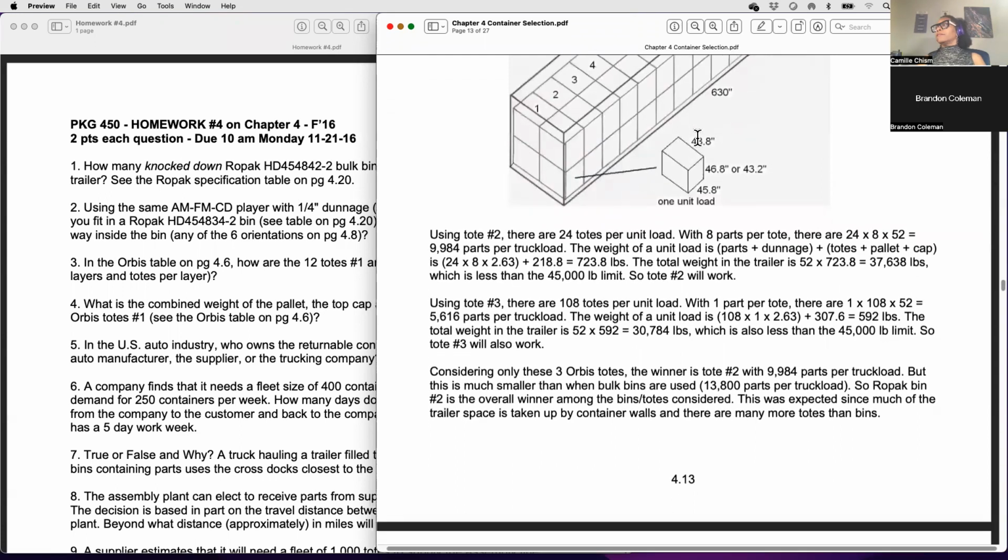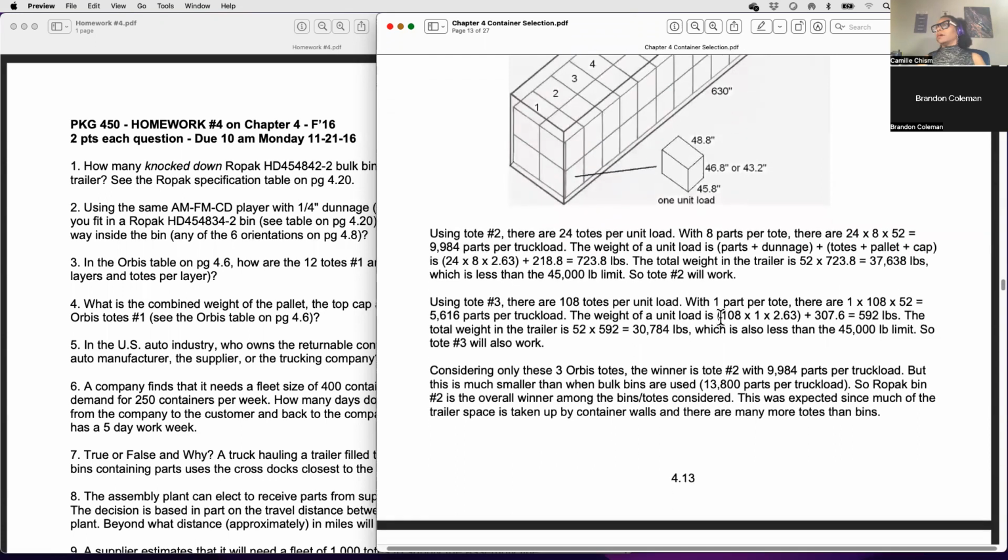And that's going to give you 5,616 parts per truckload. So if you put these in the bin where you can put one radio per bin, you can fit 5,616 of these radios on one truck.